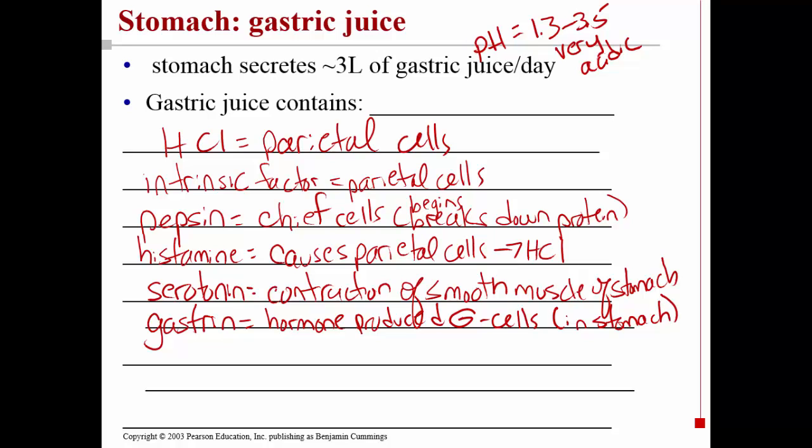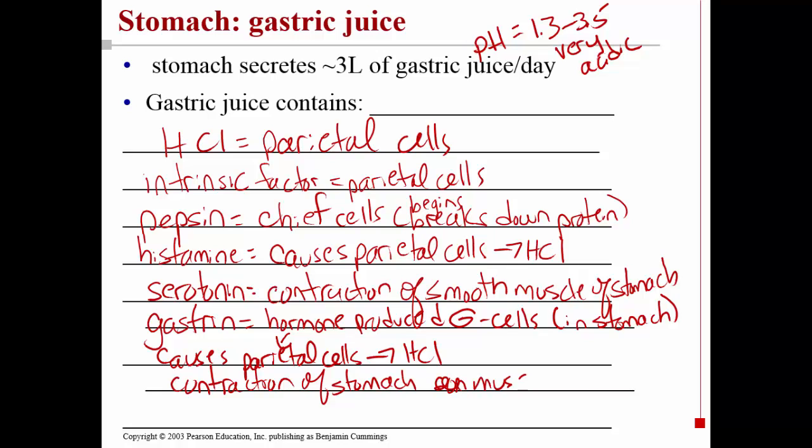What this hormone does is it causes the parietal cells to release hydrochloric acid, and it causes the stomach muscles to contract. So gastrin essentially is increasing the breakdown of food, and is doing so both chemically with hydrochloric acid and physically or mechanically.